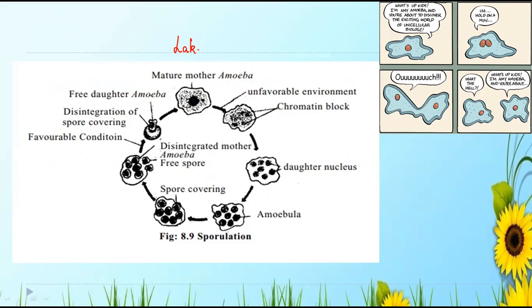This mature mother amoeba has understood that the environment is unfavorable and that it can't grow, so it forms a hard, three-layer capsule around itself.